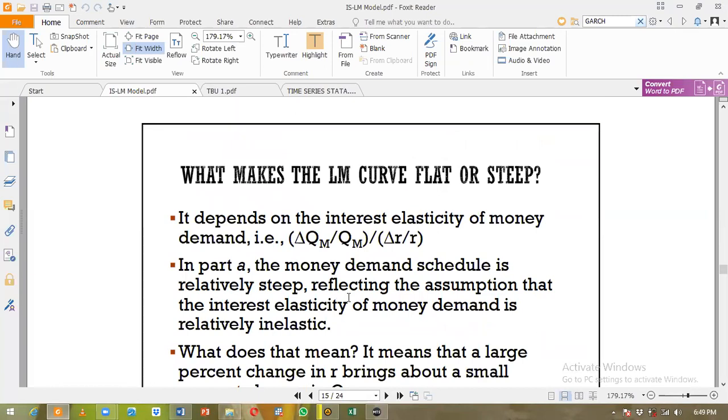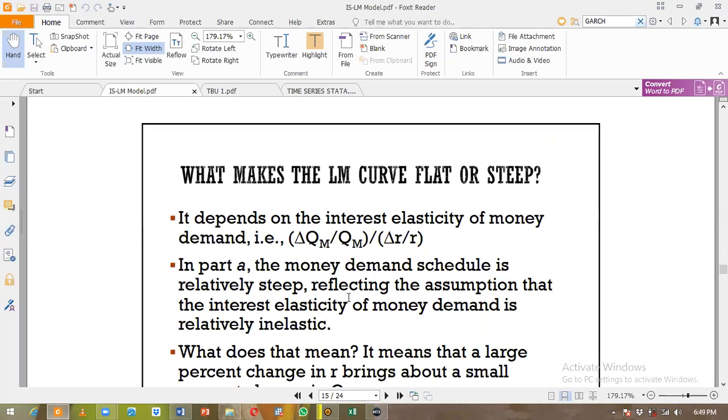Okay, so if you remember when we were talking about the IS curve, we discussed what will make the curve steeper or less steep. And we said the IS curve depended on the interest elasticity of investment, how sensitive investment was to changes in the interest rate.